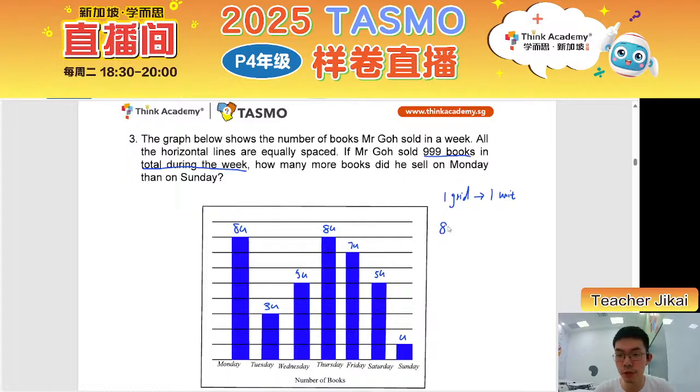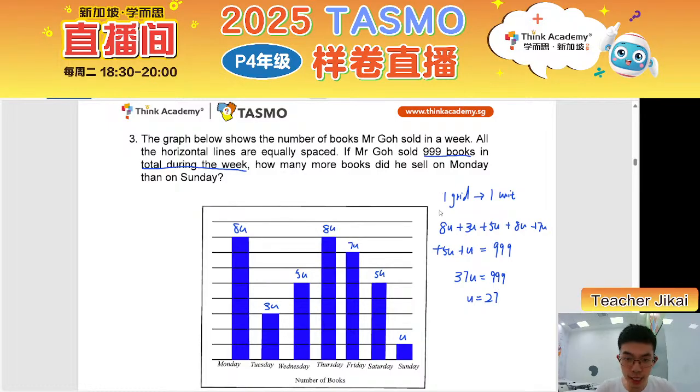We can build the equation: 8U plus 3U plus 5U plus 8U plus 7U plus 5U plus 1U. You sum it up, and the total here is 37 units, and it equals 999. So you just divide 999 by 37. You can know 1 unit represents 27 books.